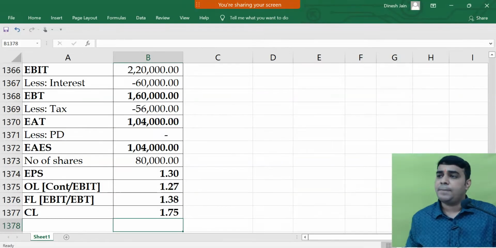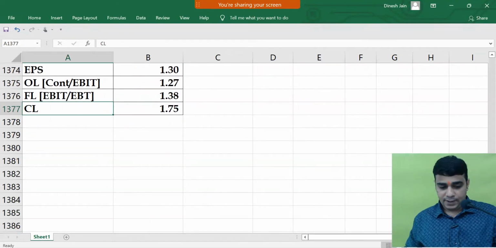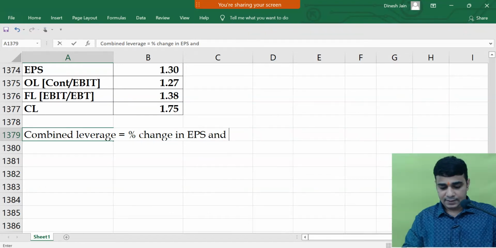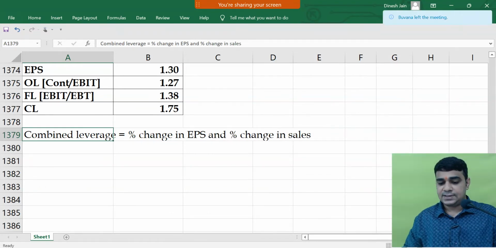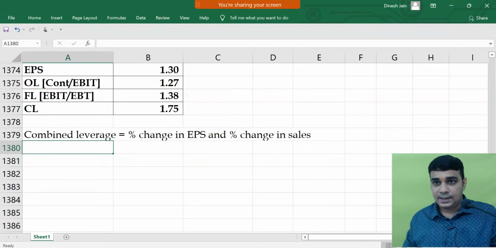Which leverage combines sales change and EPS change? Combined leverage. So combined leverage, listen, this links percentage change in EPS and percentage change in sales. The question has asked sales is changing and they wanted us to find the EPS.